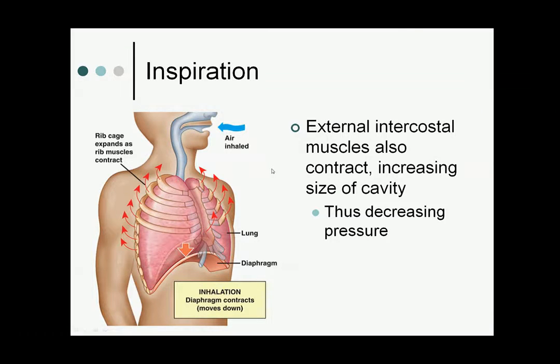There are also intercostal muscles, which we saw a long time ago in the muscle unit, between the ribs that are contracting. The diaphragm is contracting. All this is causing a decrease in pressure, and if you decrease the pressure, it's going to cause air to come in and fill up all the space as much as possible to increase the chances of oxygen getting to the tissues.